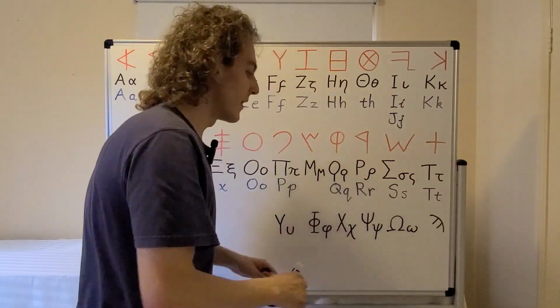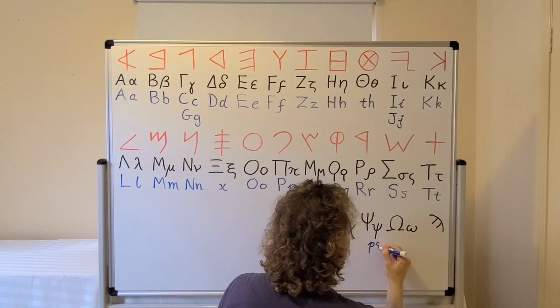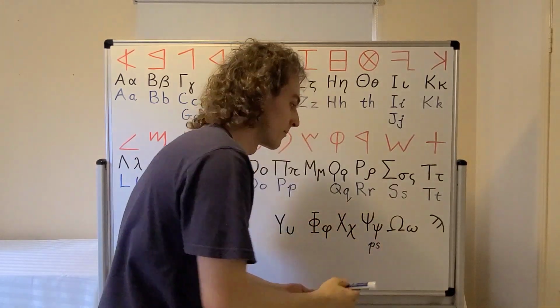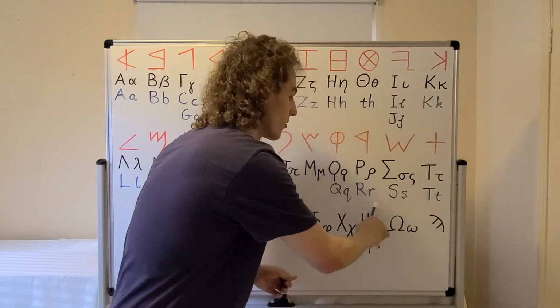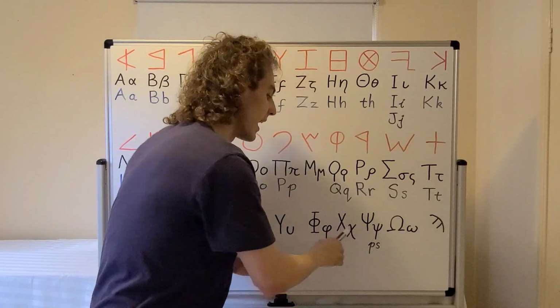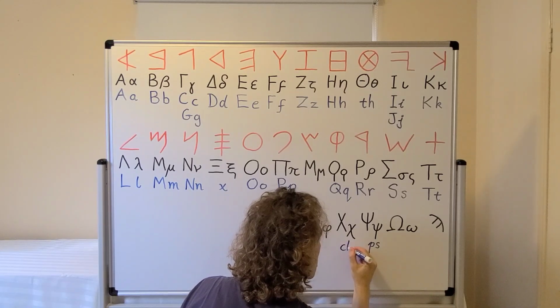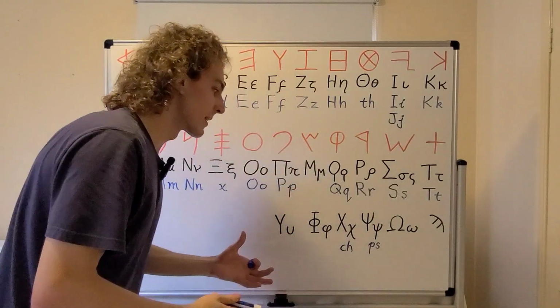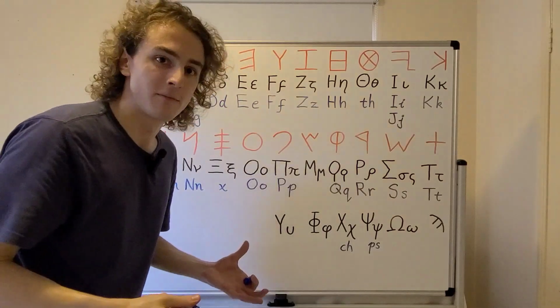Psi is usually romanized as PS, like in psychology. So that's the start of psychology. So PS is the romanization of this letter psi. Chi is usually romanized as CH, like in chemistry. But chi also has a Latin counterpart.